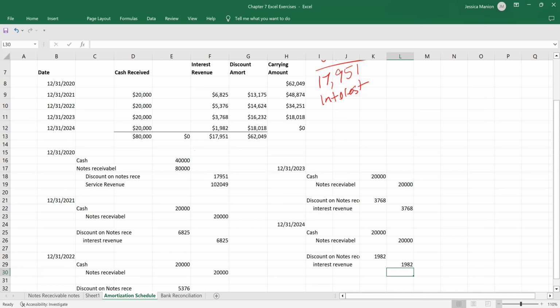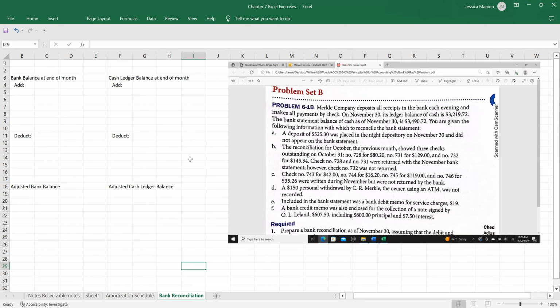One more thing: we didn't get to it today, but I did have a bank reconciliation problem picked out here, from your Principles of Accounting textbook. If you feel you need to review bank reconciliation, you can do that. I know all of you should have gotten a lot of practice with this in Principles, so I usually don't waste too much class time on it. I added it just in case we had extra time, which we didn't.